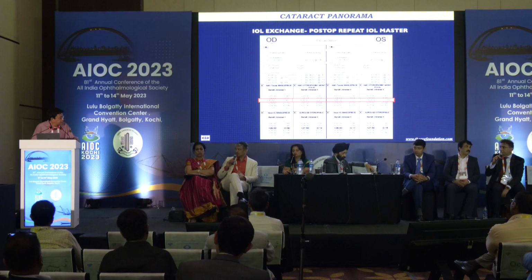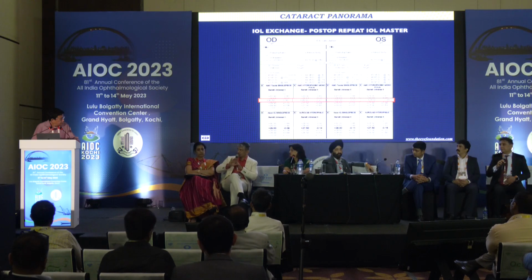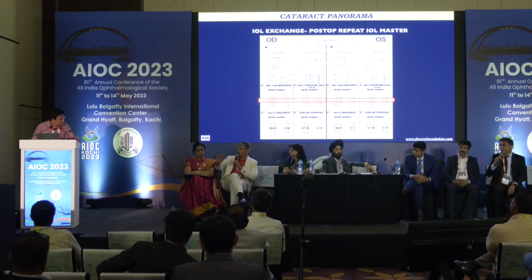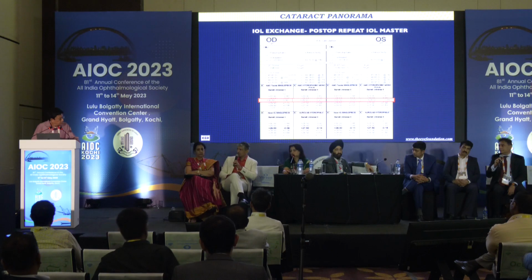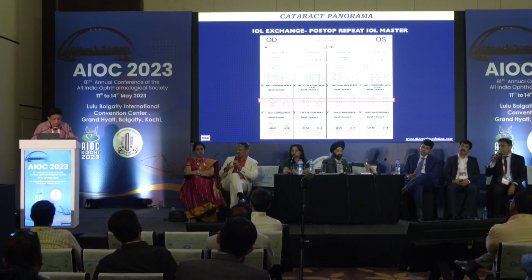Wrong labeling is rare, because in the factory they manufacture batch-wise. If it's a 21.5 batch, then that particular day they manufacture only 21.5 lenses and label them, so the lenses don't get mixed up. It is quite rare, because that is a standard process followed by most IOL manufacturers. So having a difference of about 7 diopters, there must be something terribly wrong. You'll have to look at the other batches also.